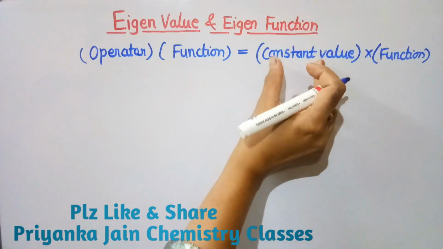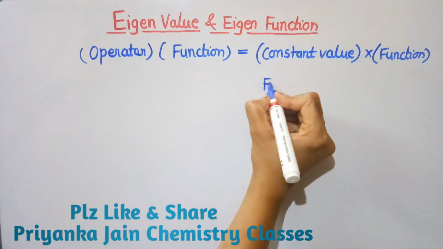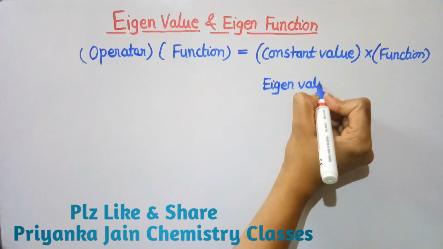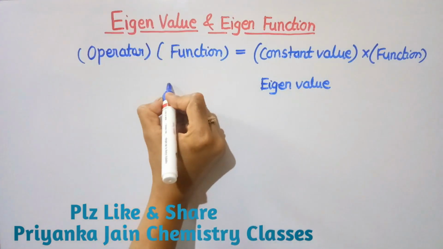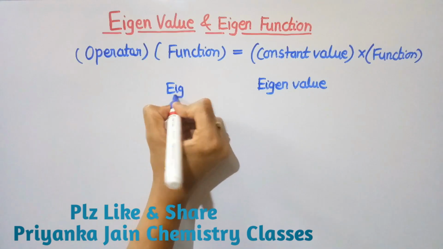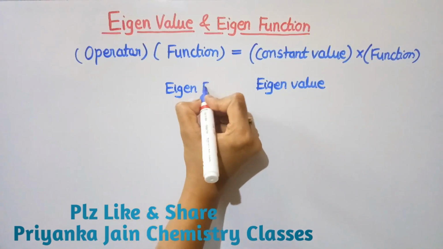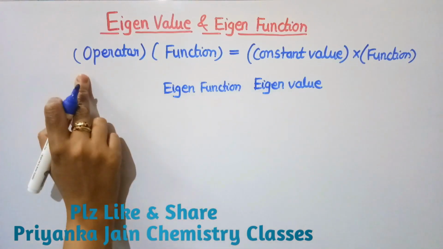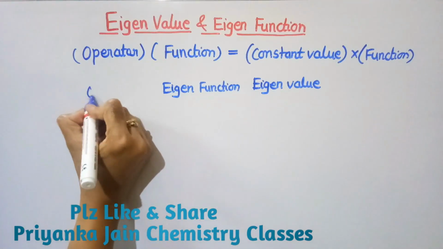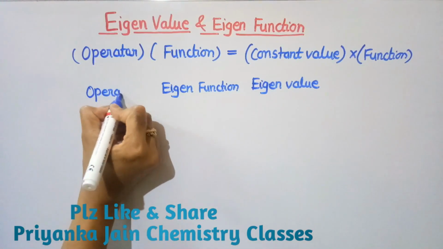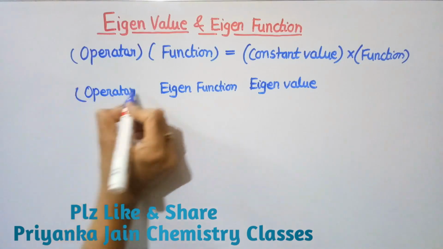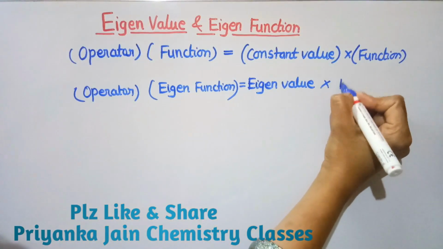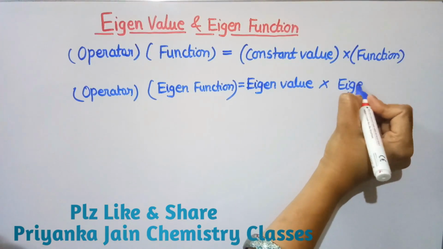Now this constant value is called the eigenvalue, and this function is called the eigenfunction. So by applying this operator on the eigenfunction, we get the eigenvalue multiplied with the eigenfunction.